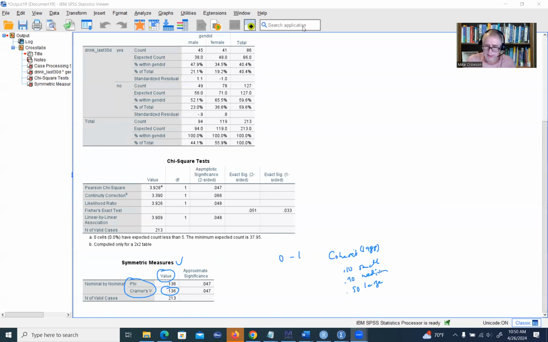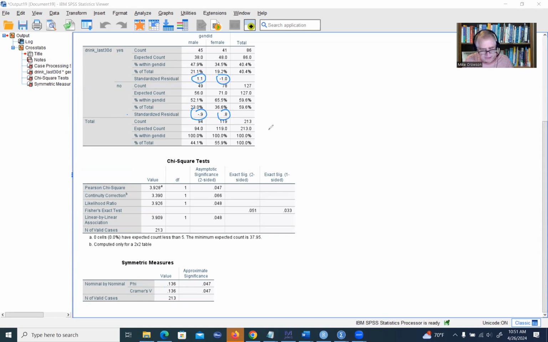One final thing I want to draw your attention to is that in our table, we had requested standardized residuals. So you'll see right here we have standardized residuals for each cell. This can be useful for determining which cells are contributing most to the overall significant effect, and we can even use the values as significance tests.